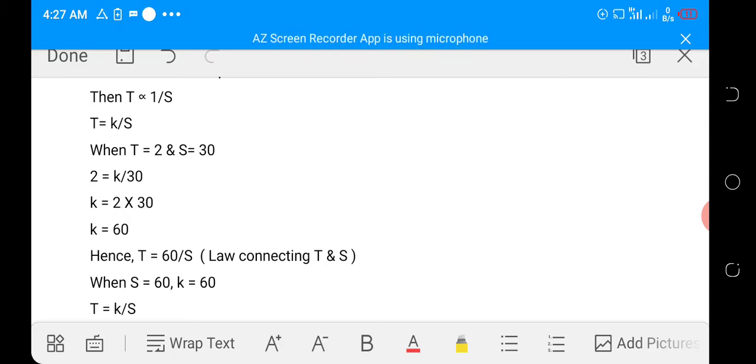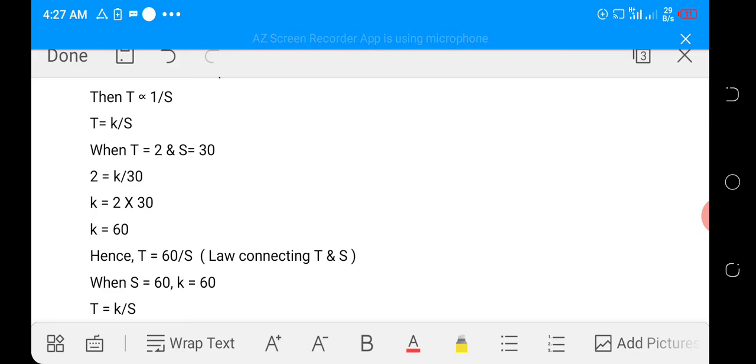Then, to get the law connecting T and S, or the relationship between T and S, or the formula connecting T and S, we substitute for k, and that will give us T is equal to 60 over S, which is the law connecting T and S.